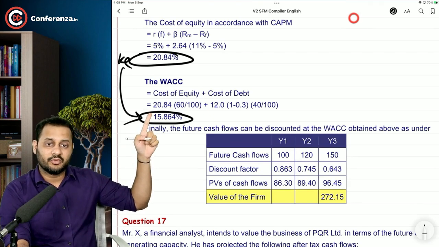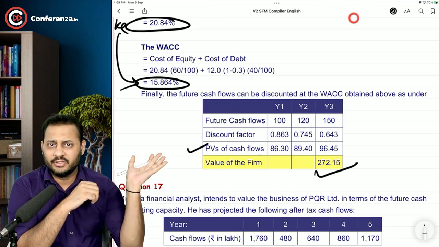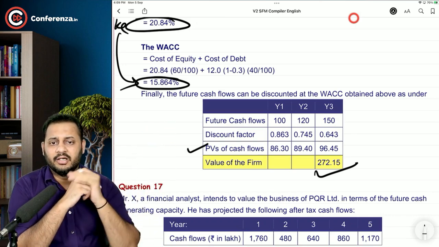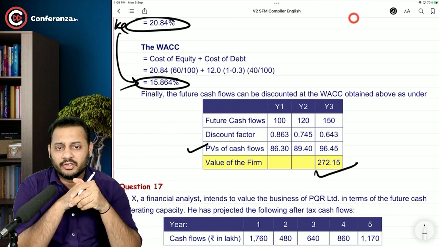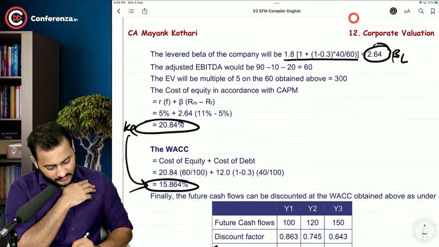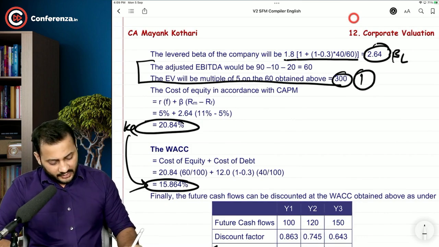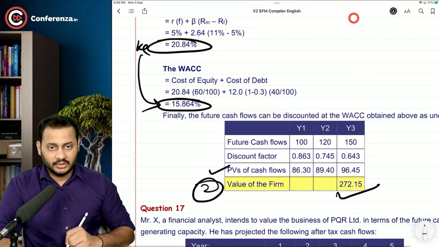That will be the discount rate, which will be used here to calculate this value. This is so easy, na? Discounting factor multiplied by the cash flows, and the total is 272.15. If you go according to EBITDA, the EBITDA detail is this much, like enterprise value is 300. So this is the one value, this is the second value.